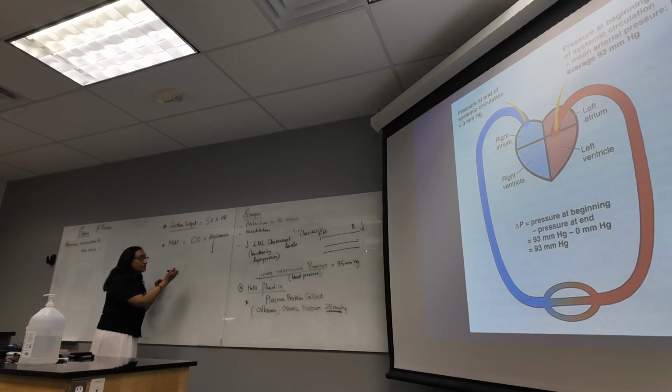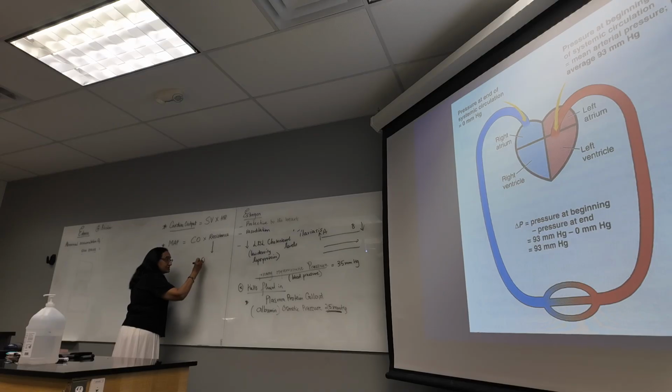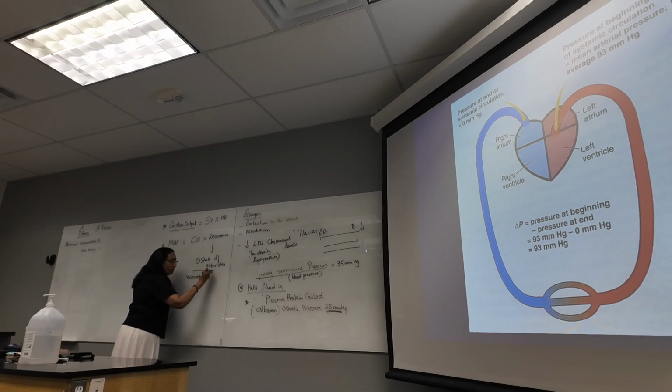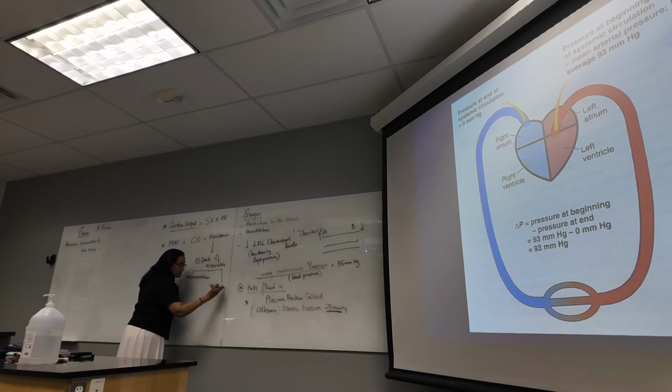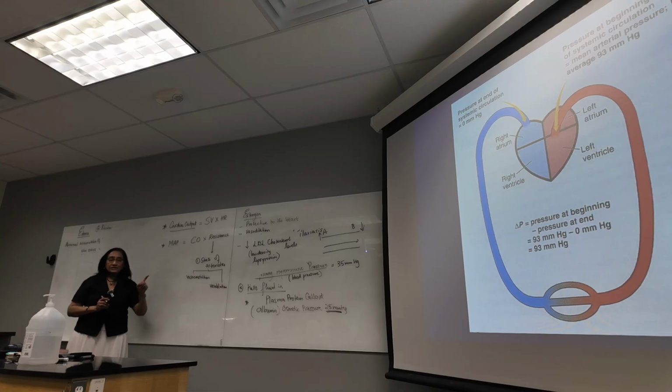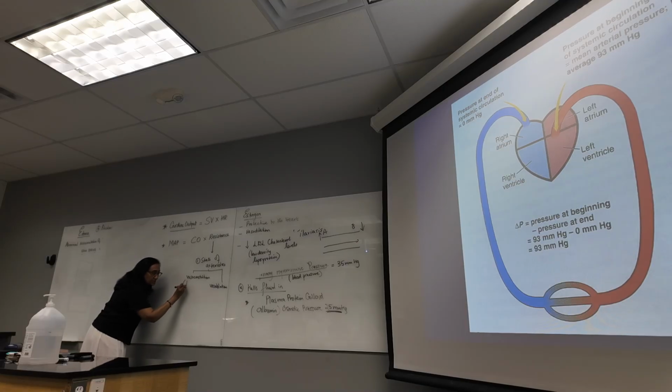mainly depends on the first thing, the state of the arterioles, whether they are in vasoconstriction or vasodilation. That's the most important thing. Always remember, vasoconstriction will increase the resistance to blood flow and make it difficult for the blood to flow.